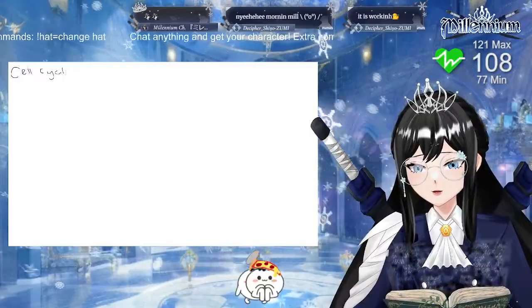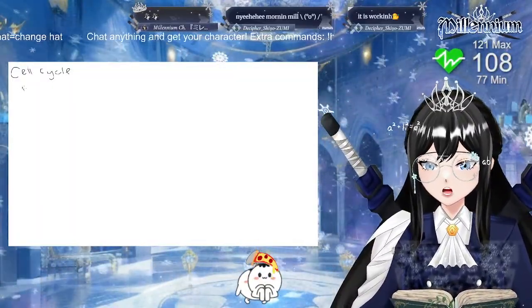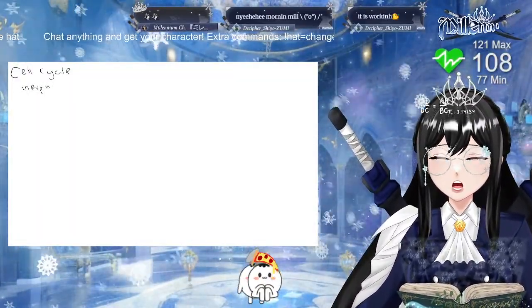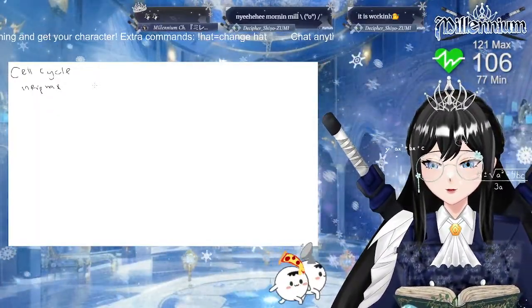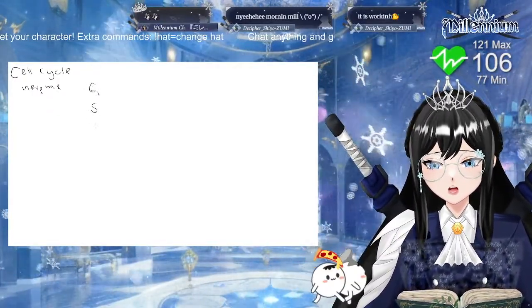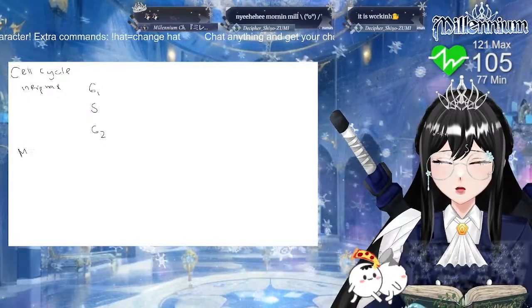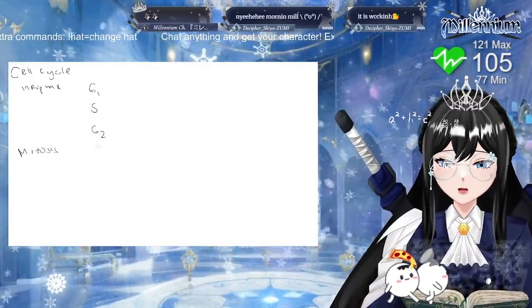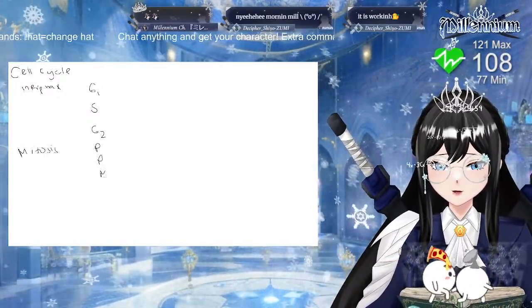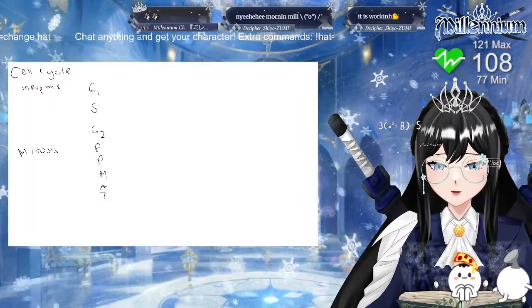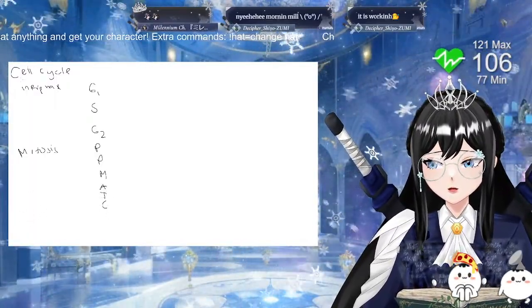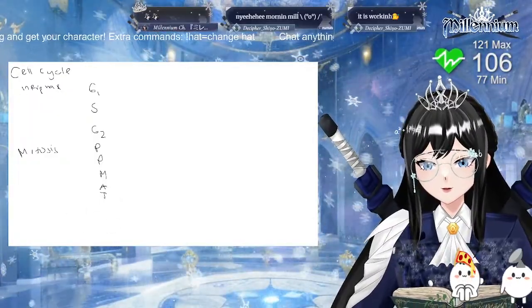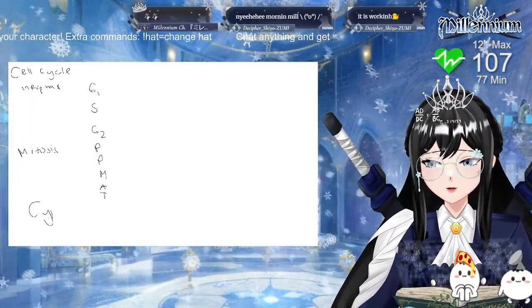What's the first part? Interphase, with the G1, S, G2. Mitosis would be PPMAT C. And then you have cytokinesis.